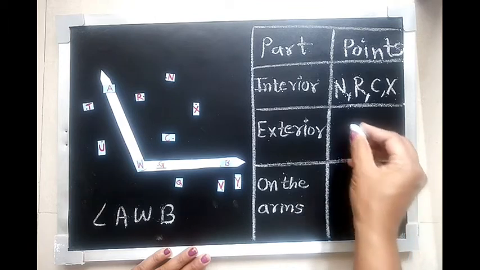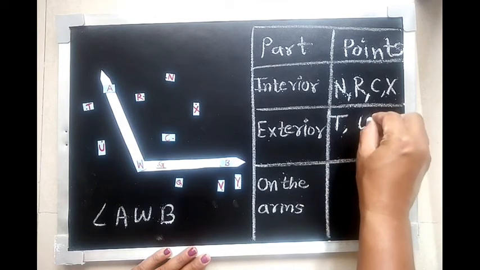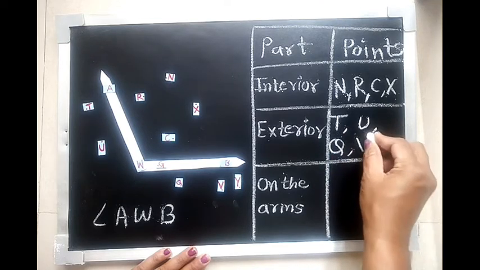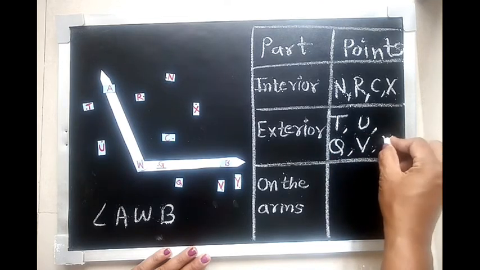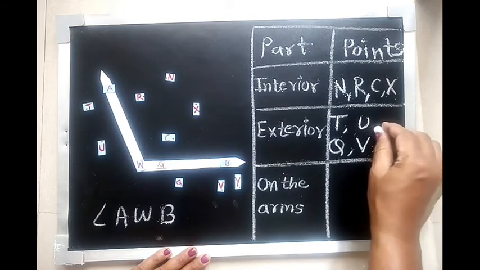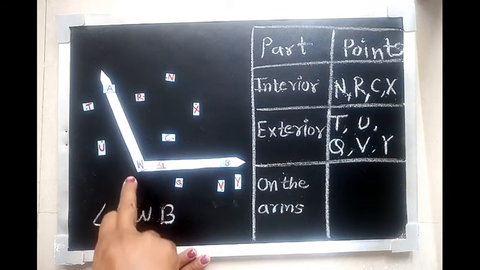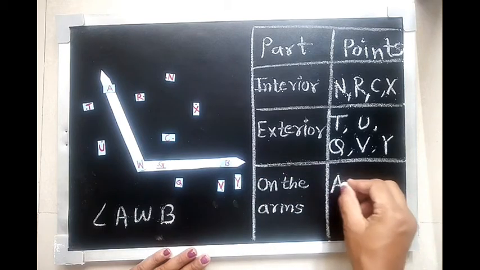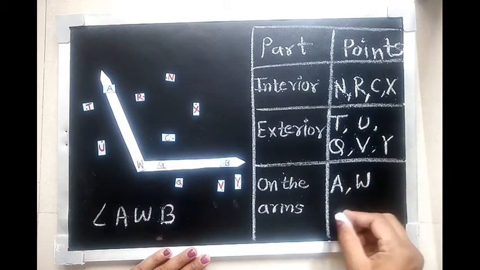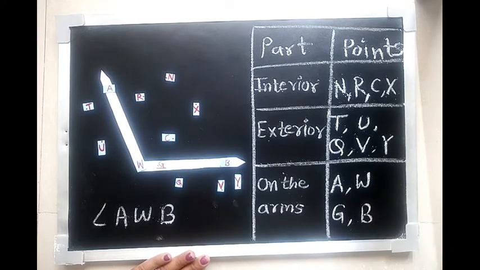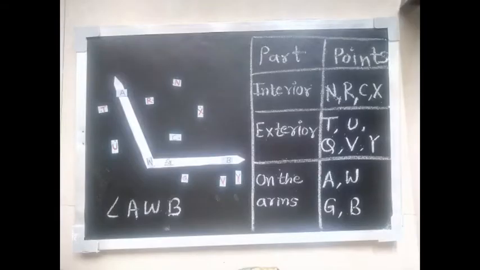Exterior points are point T, point U, point V, point Q and point Y. Next, points on the arms of angle: point A, point W, point G, point B are points on the arms.